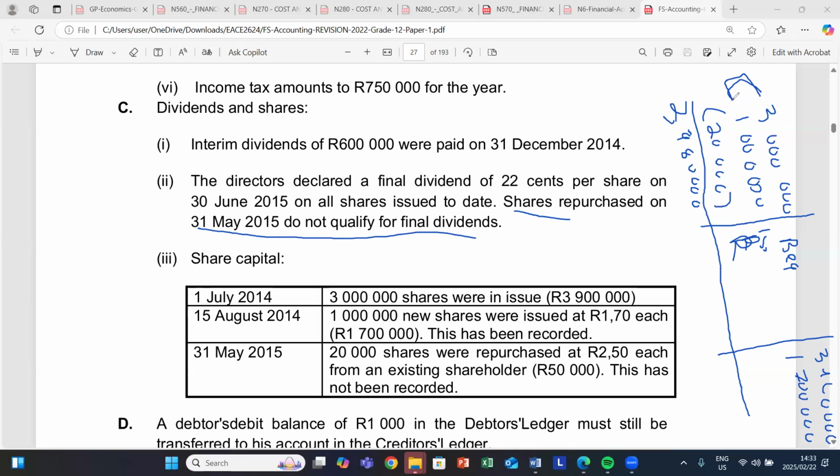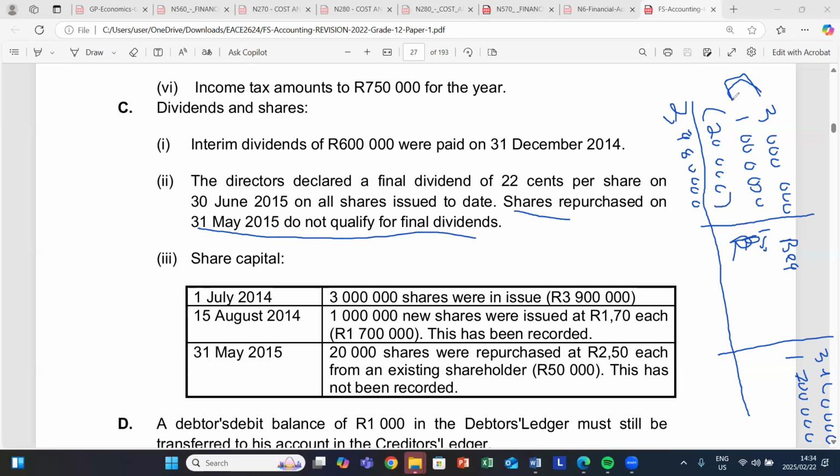In your 4 million rand value there, you still have the shares that you have repurchased. And then they told you that those shares which you repurchased do not qualify for a buyback. Hence, you must minus them.